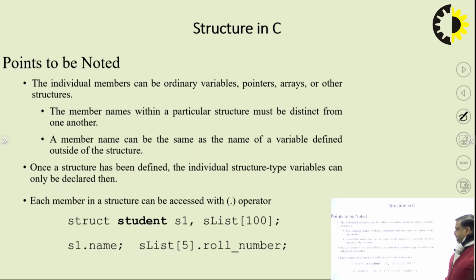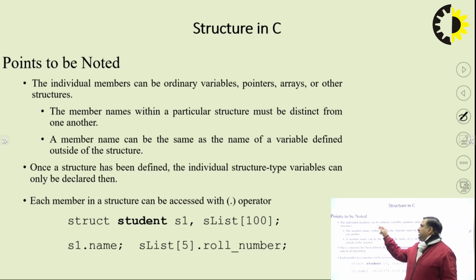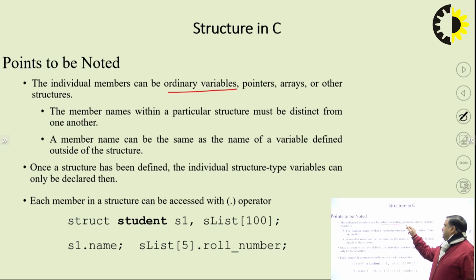Some other important points related to structures: individual members can be ordinary variables, they can be pointers, they can be arrays, or even they can be another structure.